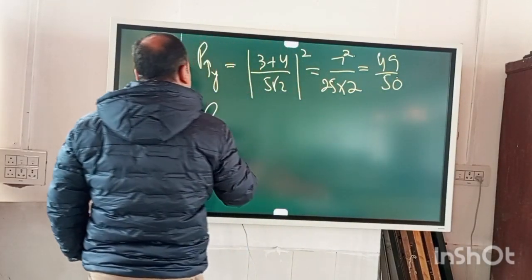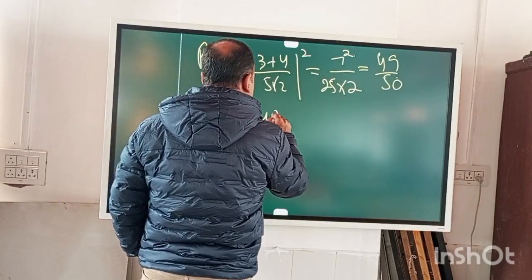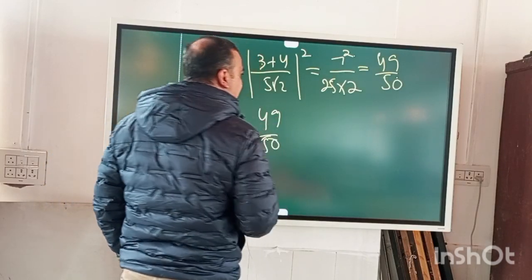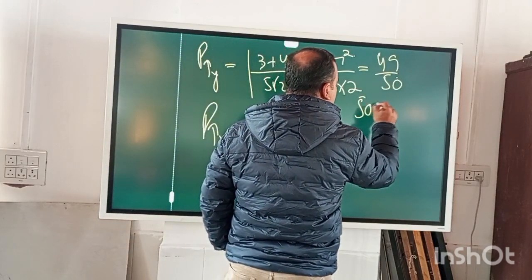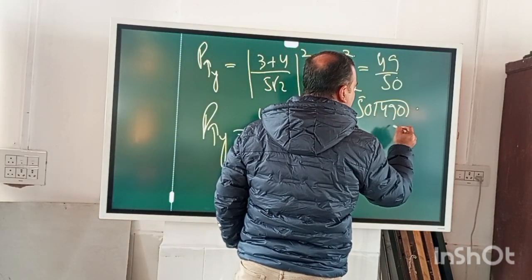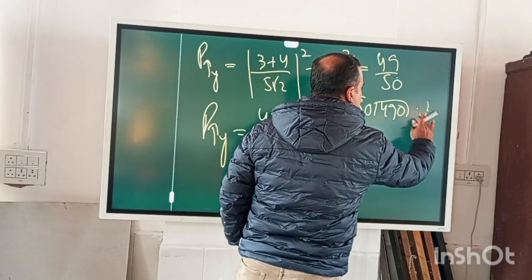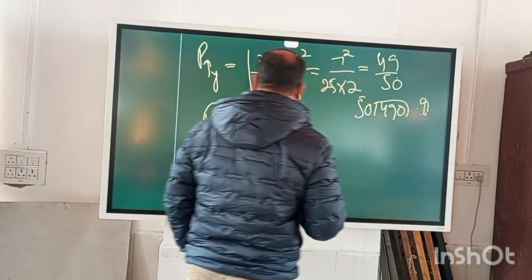So the probability of getting spin up in the given problem will be 49 by 50. And we can resolve it, so 49 by 50 is nearly 0.9.